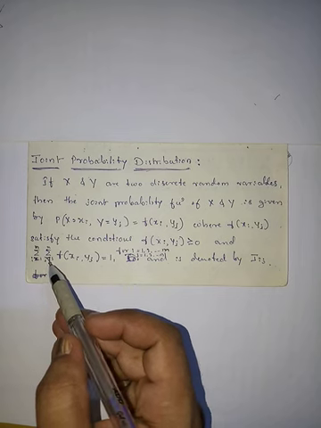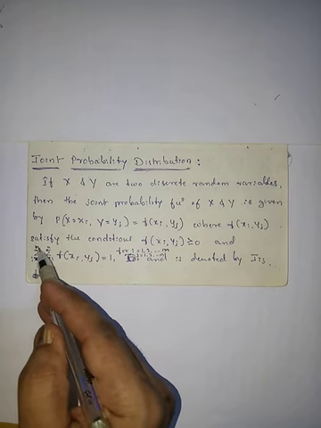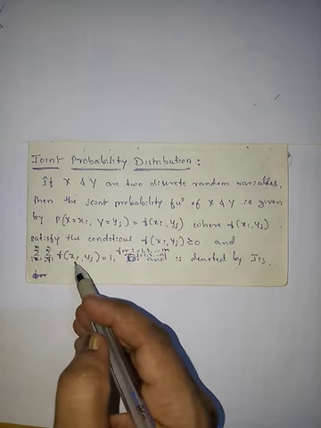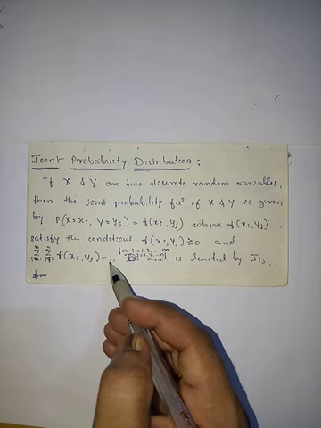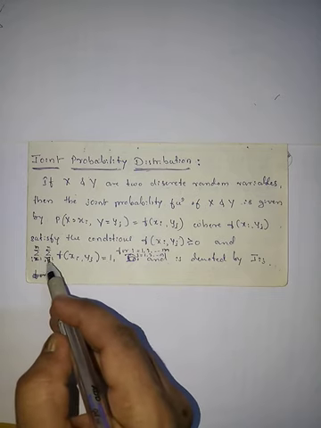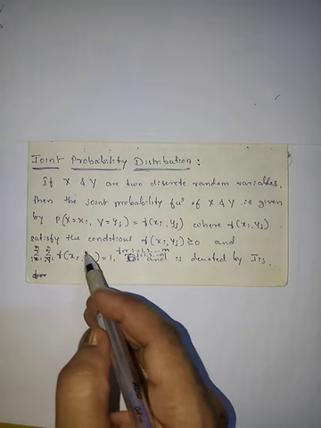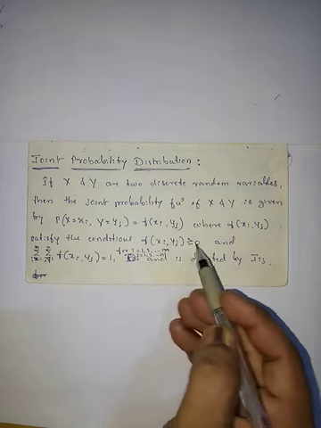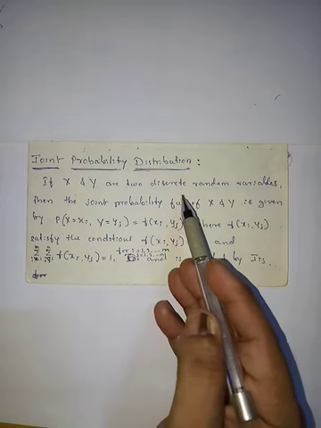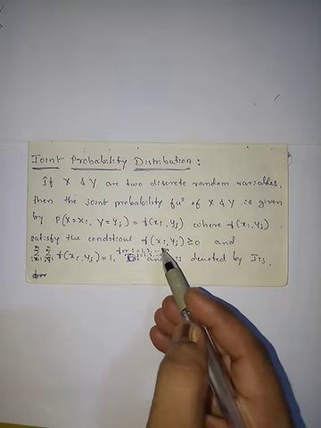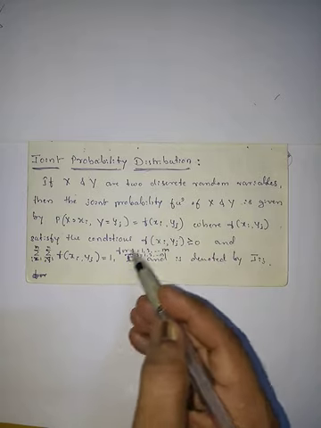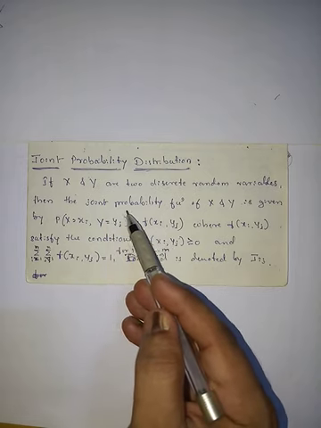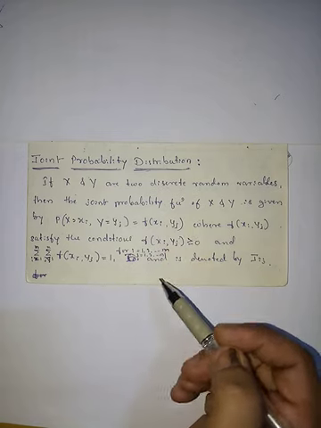The second condition is summation i equal to 1 to m and summation j equal to 1 to n f of xi comma yj equal to 1, meaning when you take the sum of all the probabilities, the sum must be 1. So these conditions are the same as a discrete probability function, okay. So these are the two conditions. When these two conditions are satisfied, then we say that it is a joint probability function of x and y, okay.